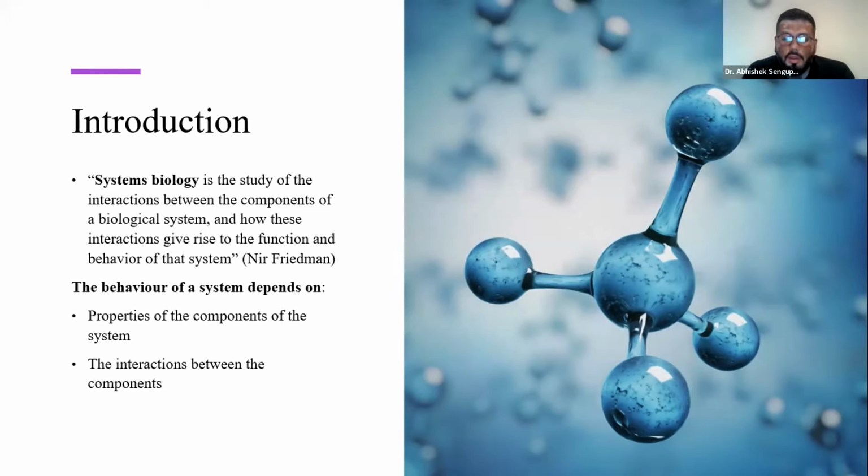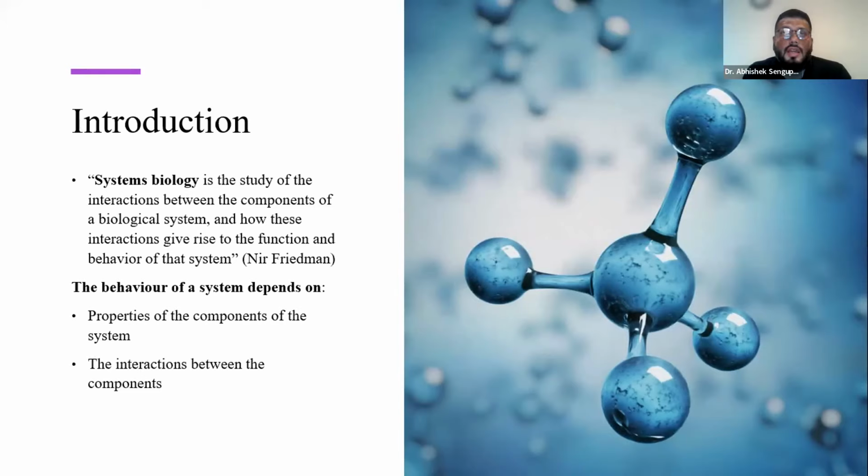In molecular biology, what we have seen so far is more of a reductionist approach, and the paradigm is shifting from that reductionist approach to the systems approach, an integrative approach, where specific interactions of components in biological systems are studied, like cells, tissues, organs, ecological webs.